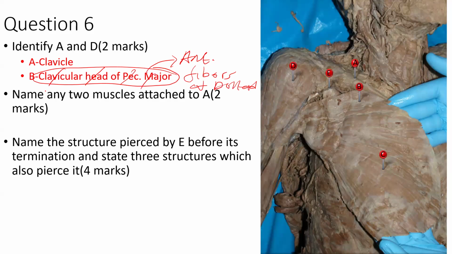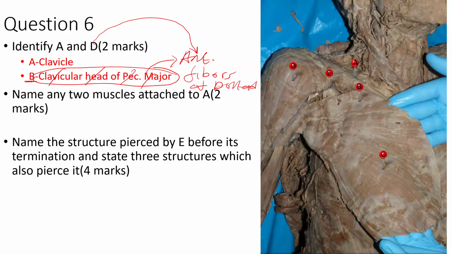I'll make that correction before sending this presentation. B is a clavicular head of pectoralis major, but the question wanted us to name D, which is the anterior fibers of deltoid. Sorry for that mismatch.